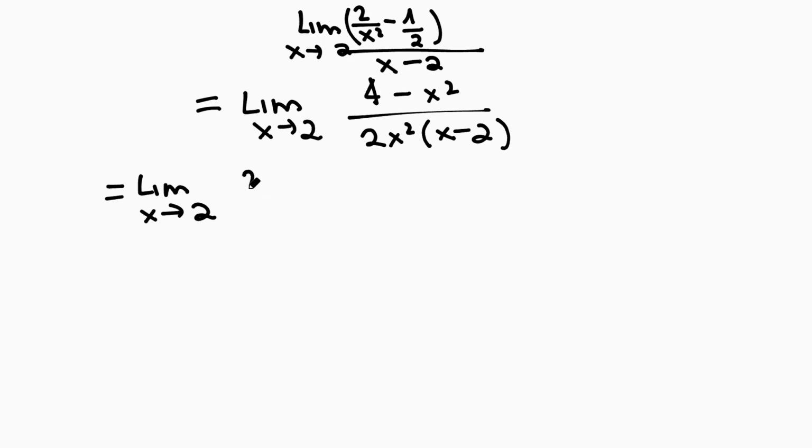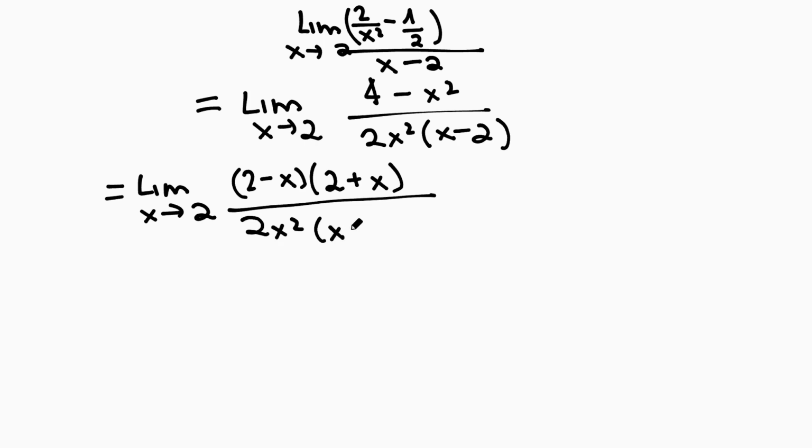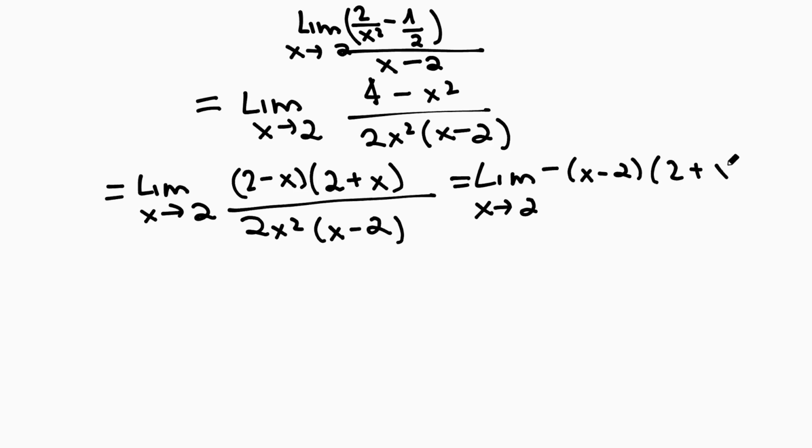4 equals 2 squared. So it's going to be 2 minus x times 2 plus x over 2x squared times x minus 2. And then I'll switch the sign of this bracket over here. I'm going to have negative x minus 2 times 2 plus x over 2x squared times x minus 2.